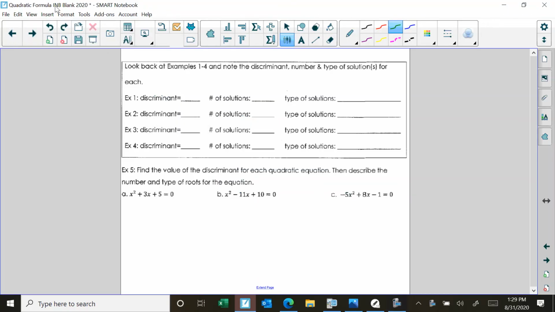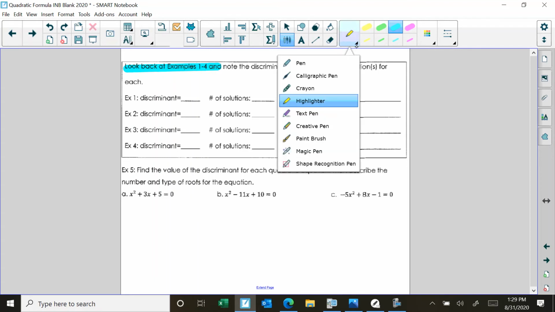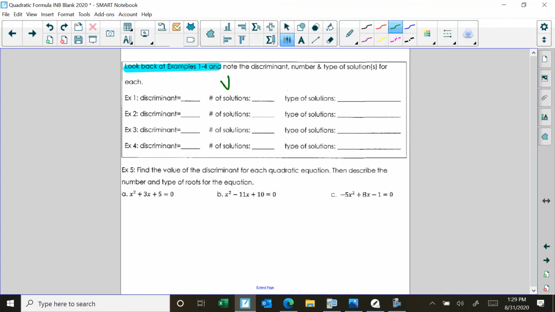Okay, so here are some discriminant examples. Now what it's asking us to do is to go back and look at the first 4 examples. So we're looking for the number that is underneath the radical.